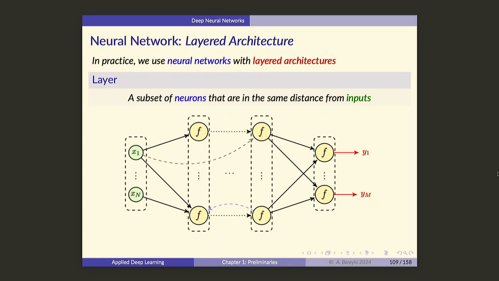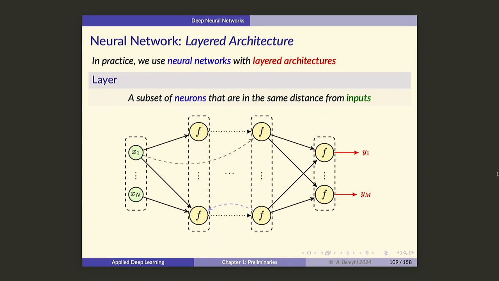I connect maybe all of them, maybe some of the inputs, to these neurons. Then, to process further, I take the output of those neurons and connect it to another bunch of neurons. Each of these stacks of neurons is called a layer, and you have multiple layers until you get to your output. Clear?